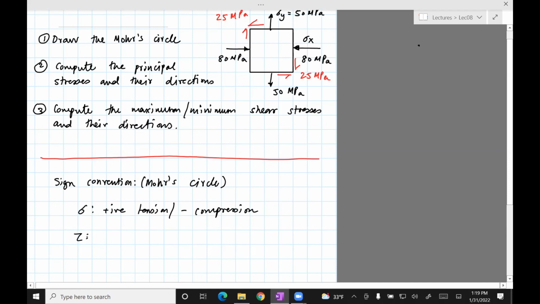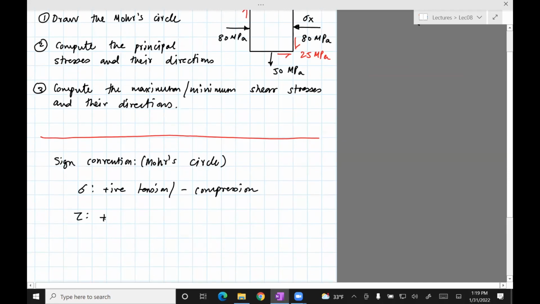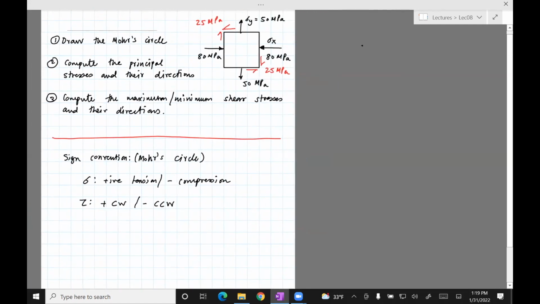And then for tau, positive is clockwise and negative is counterclockwise. So by this convention, let's call this face A, this face B. So on A, we have a compressive stress on face A. So we would have a negative 80 MPa for the normal stress.